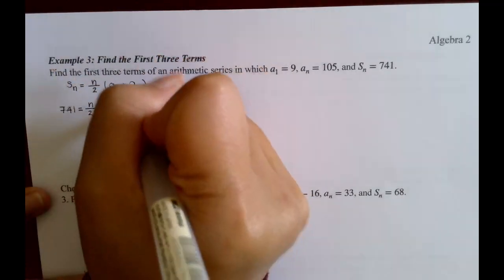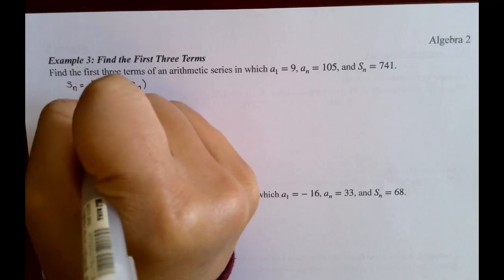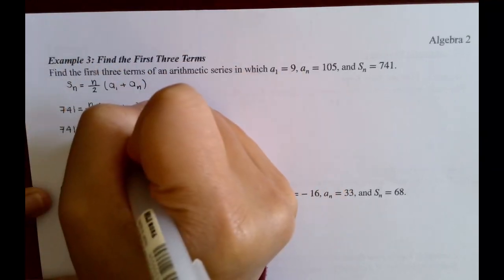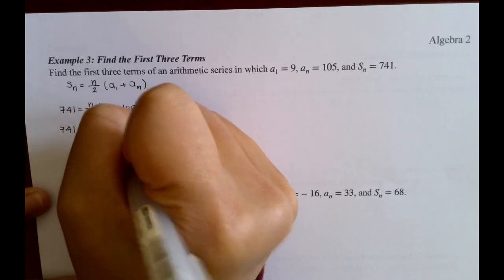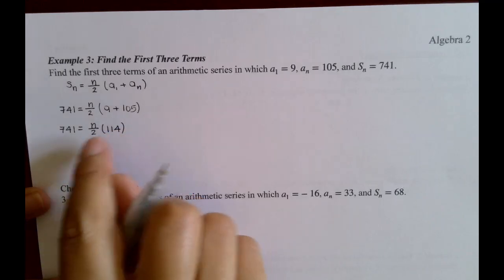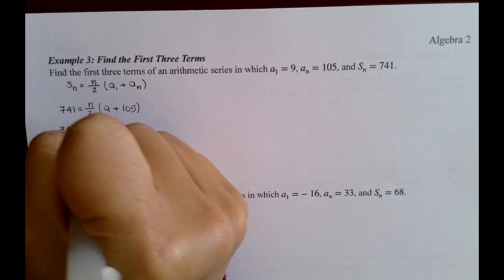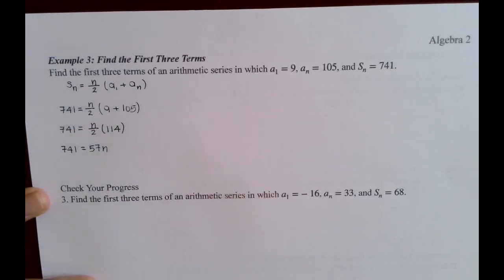I'm just going to simplify that 9 plus 105 here. 9 plus 105 is 114. 114 divided by 2 is 57, so this becomes 57n.